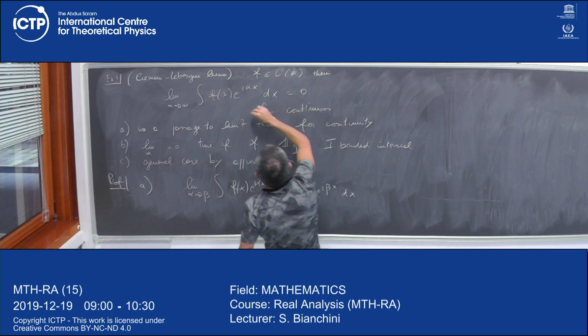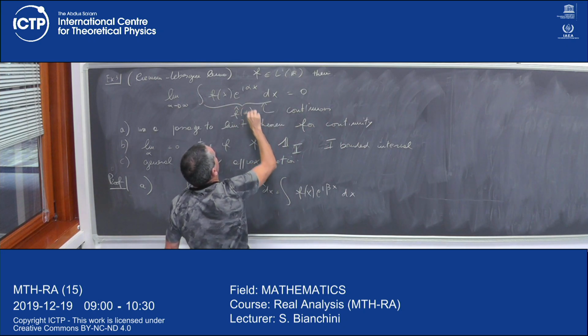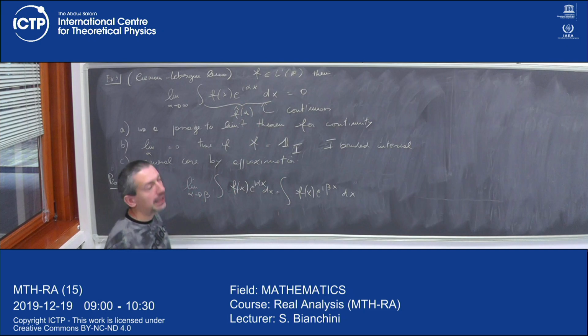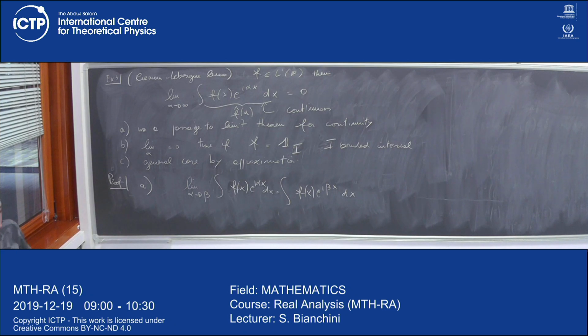This is a function of alpha, usually the notation is f hat of alpha, the Fourier transform, up to some normalization constant, if you want to preserve the L2 norm or whatever. This is the Fourier transform.